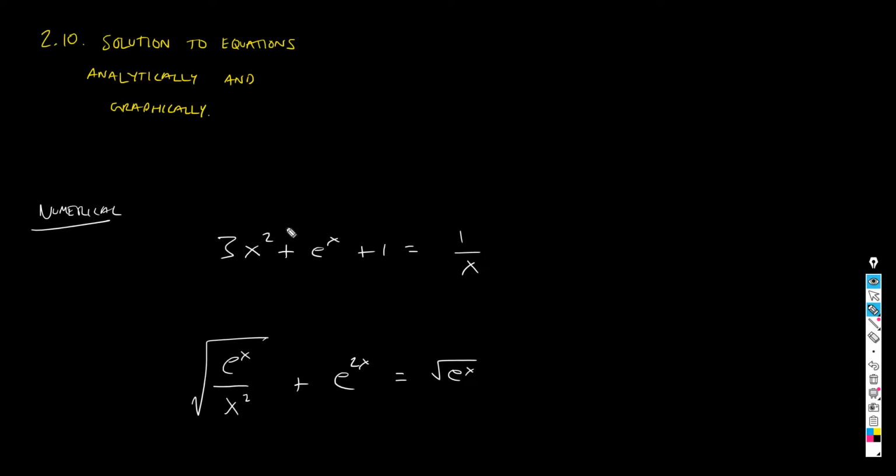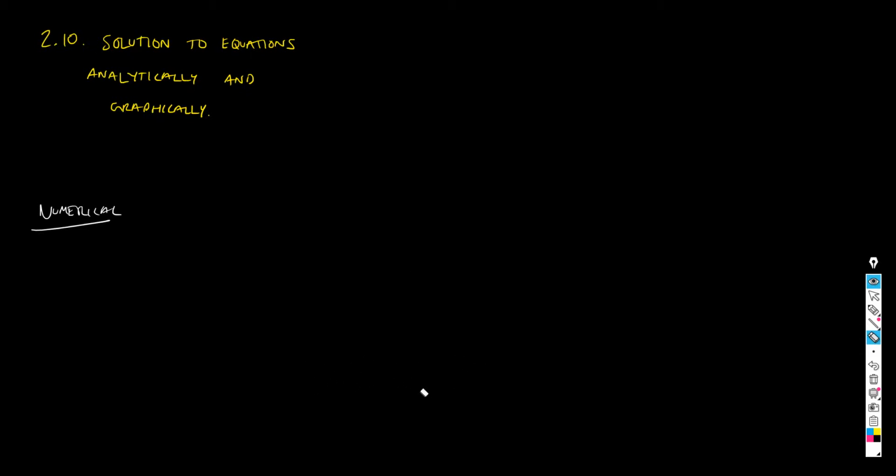Okay. The other technique that we're gonna look at is the graphical technique. Let me erase all of this. So we have a numerical technique, which is basically using a calculator. And the other technique, which is the graphical technique, consists of the following.